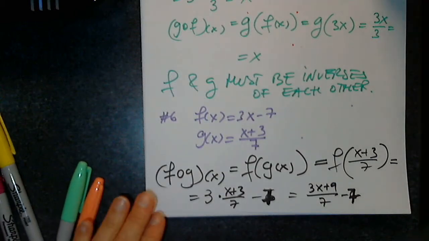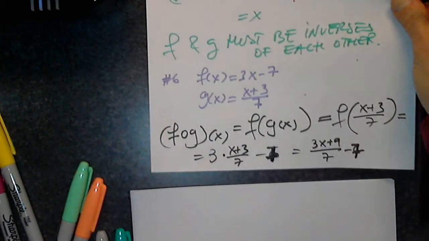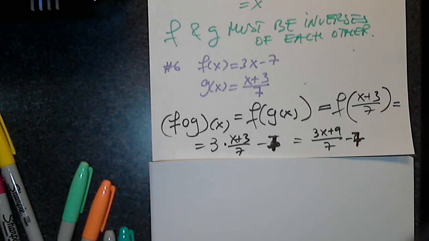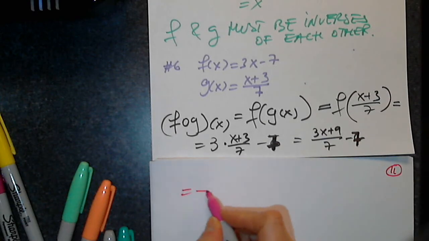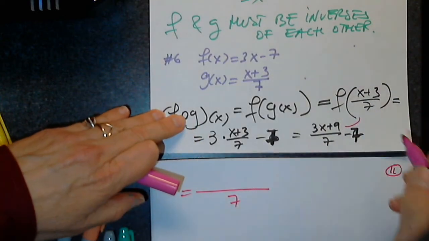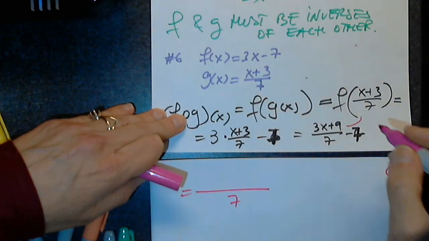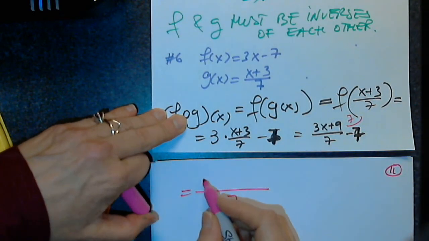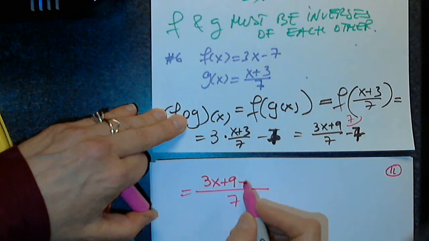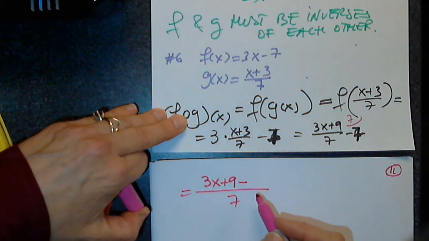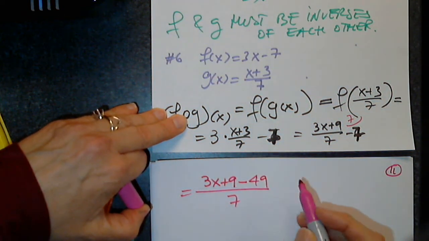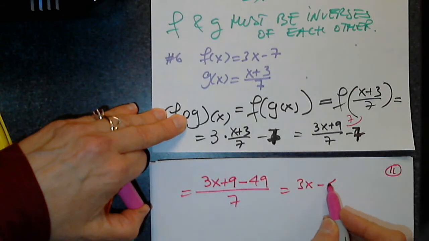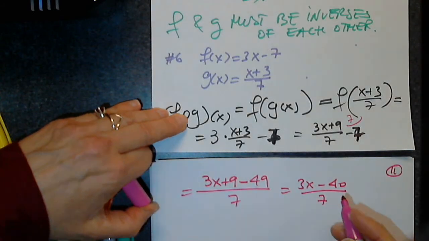My apologies. Then, the least common denominator, please. Good. What do you multiply the top of the second fraction by? 7. So dictate, please. 3x plus 9 minus. So this is 3x minus 40 over 7.